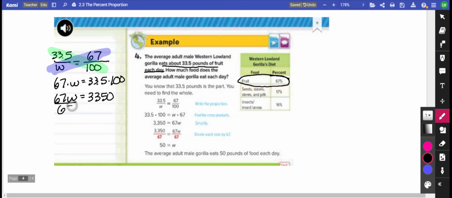I'm going to divide both sides by 67. So 3,350 divided by 67. The whole is 50. So the average adult male gorilla eats 50 pounds of food each day.